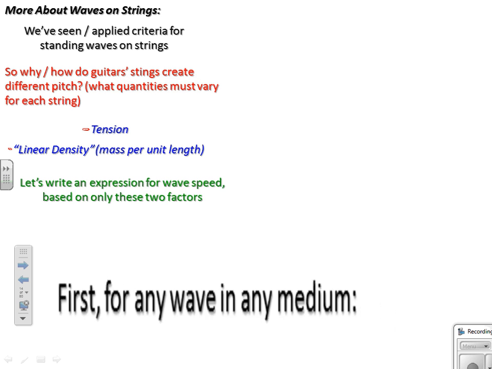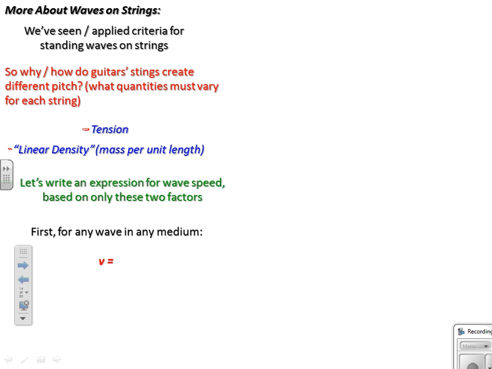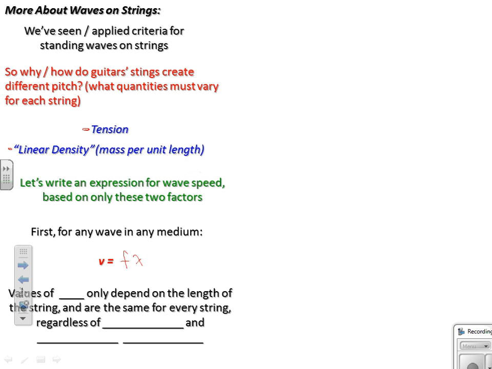Here's the deal. For any wave in any medium, we know V is F times lambda. Now, for a string, wavelength only depends on how long the string is. If there's a string this long, our fundamental frequency, no matter what, is going to look like that.